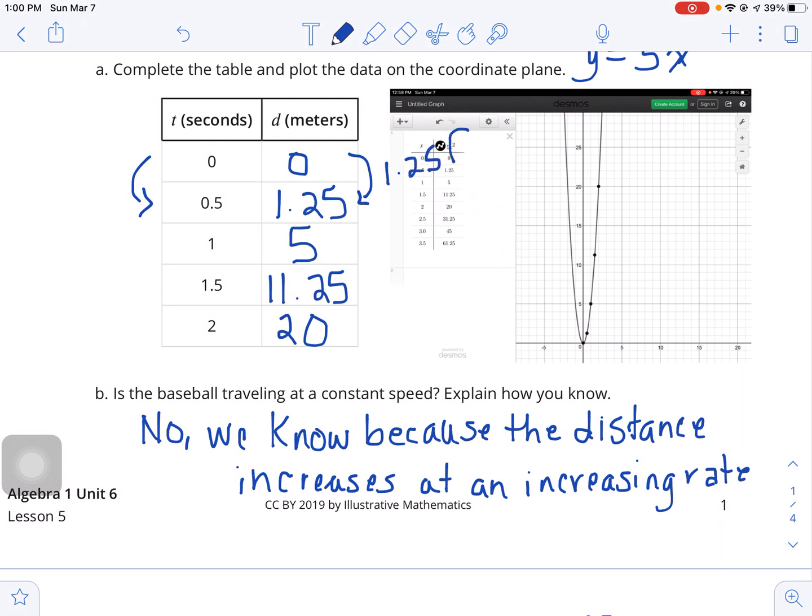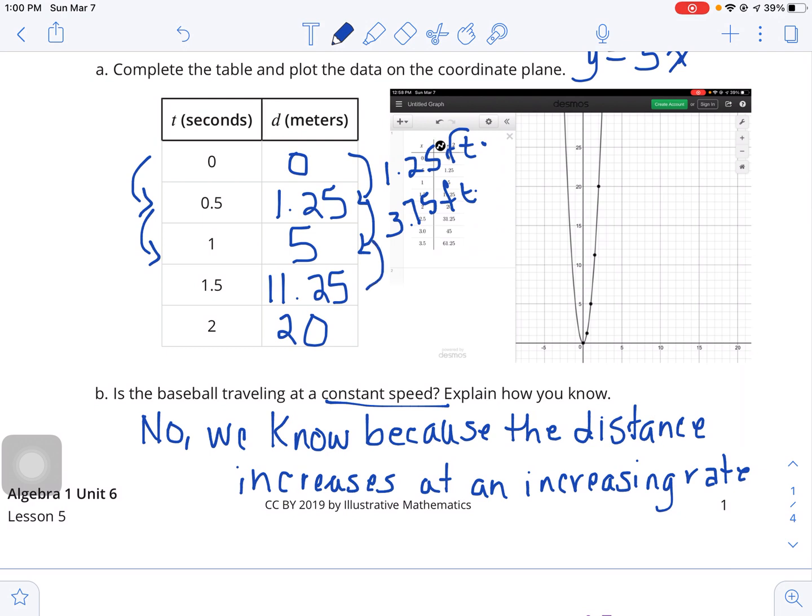feet. And then from 0.5 seconds to 1 second later, it's fallen much more than that. 3.75 feet. And this distance that it falls keeps increasing. So it's not a constant speed.